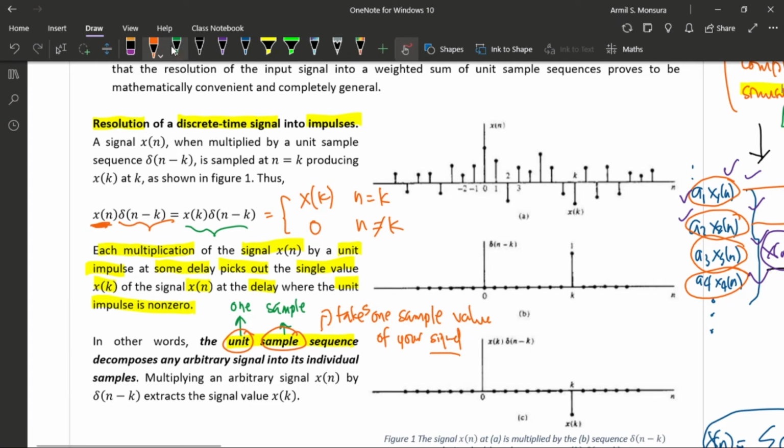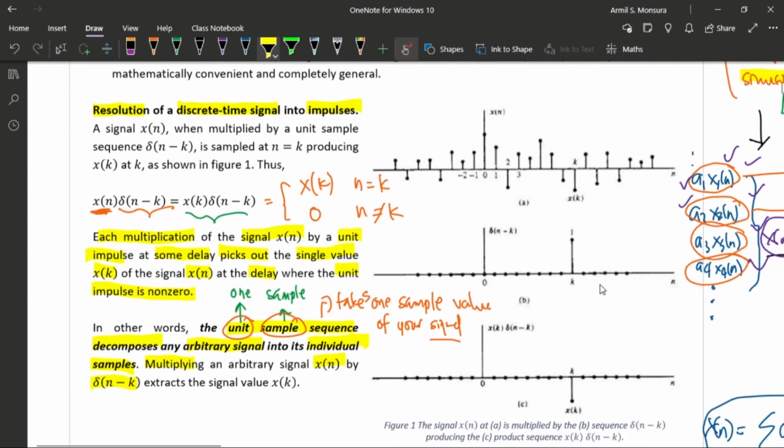Okay? So again, what we're trying to say here is that the unit sample sequence decomposes any arbitrary signal xn into individual samples. Mapaghihiwa-hiwalay natin yung mga samples or sample values ng arbitrary signal ninyo by multiplying xn with delta n minus k. So yung point na di-discuss ko is actually demonstrated in this graph.